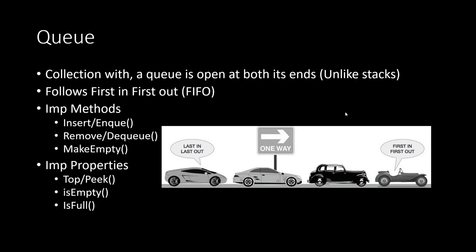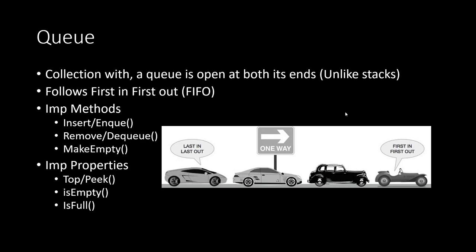Here we call it enqueue. For the removal of data, in stack we were calling pop. Here we call it dequeue. And make empty is like clearing out the members, so it is similar to stack.